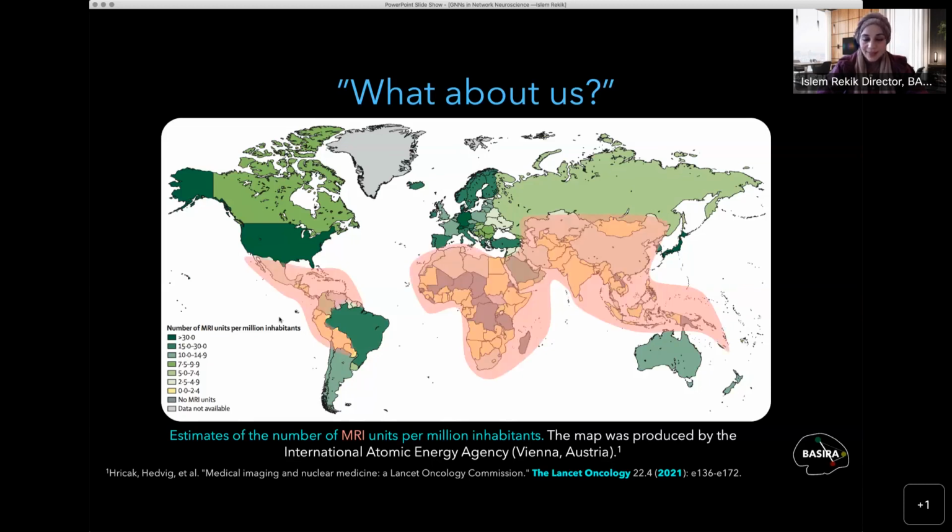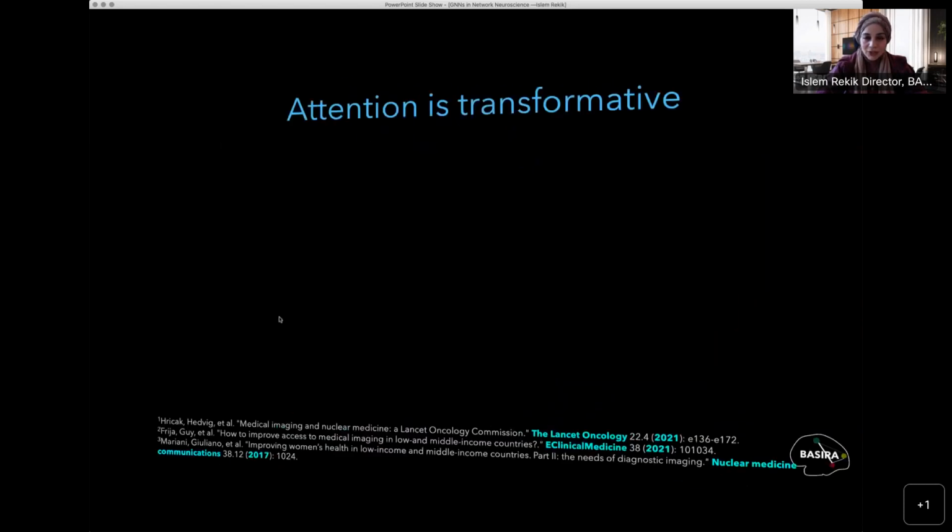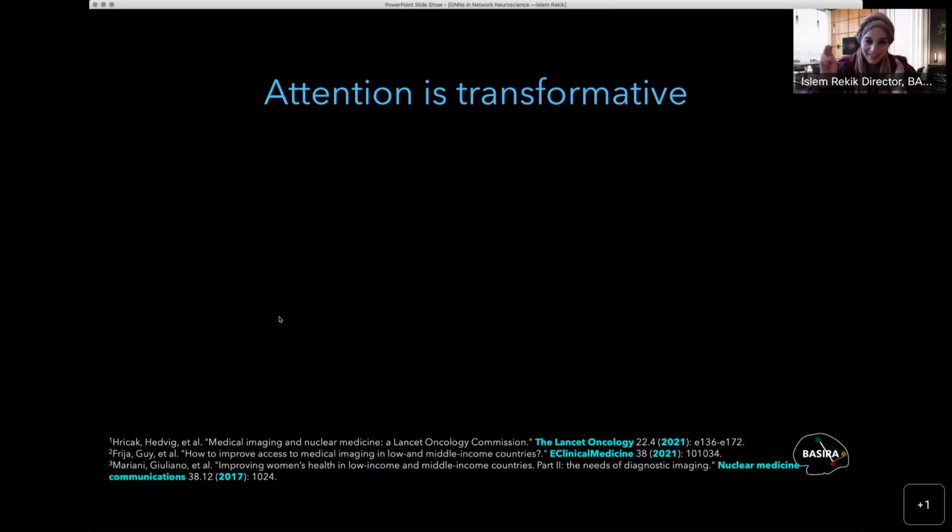Designing methodologies that aim to collect a lot of data is very nice to have. However, this overlooks half of the world. So what about them? What about us? Attention is very transformative in the sense that researchers need to put their attention where the need really exists.